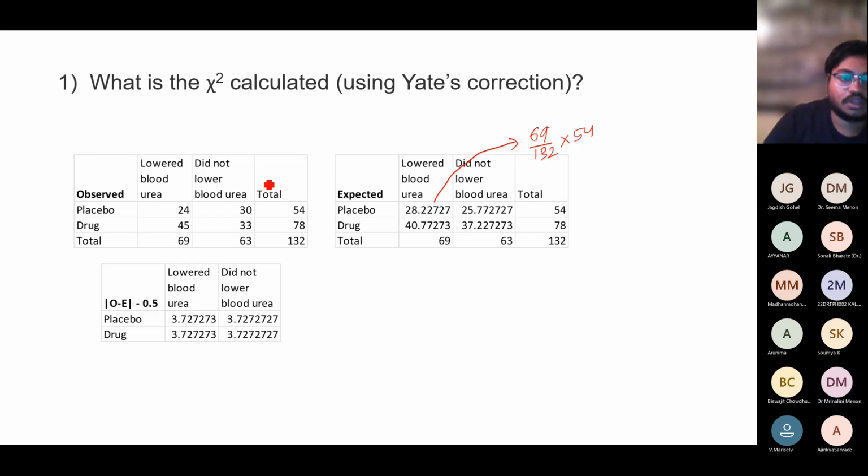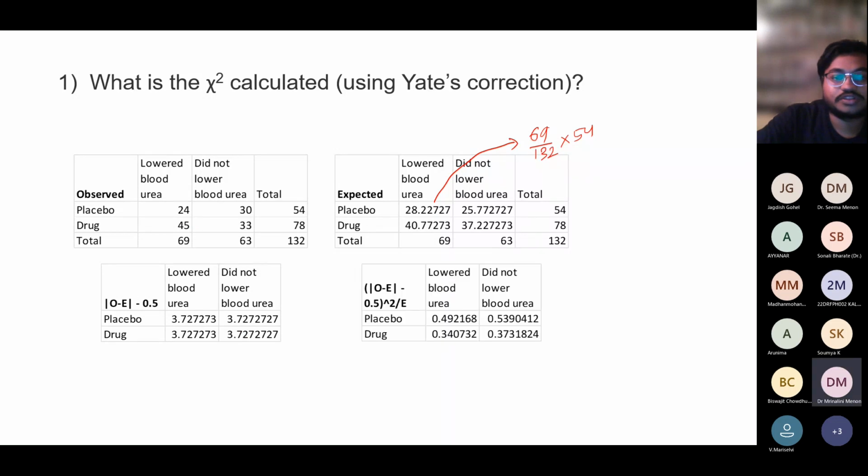Since we are using the Yates correction, we'll subtract the observed minus the expected, take a modulus, and then subtract 0.5 from it. That's the formula for Yates correction. We'll do this for all 4 cells. When we do this, we get quite similar values for all of them, around 3.7.